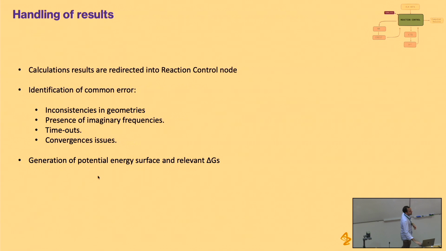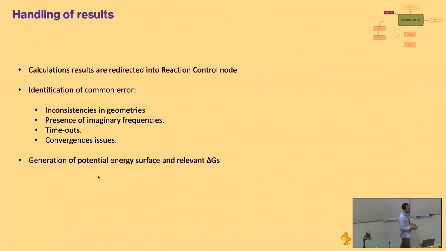Finally, the results are sent back to the reaction control node, where we have a bunch of functions that automatically identify errors in the calculation. Based on the type of error, we have some predefined action on what to do. For example, if you have a timeout, you might want to resubmit it.